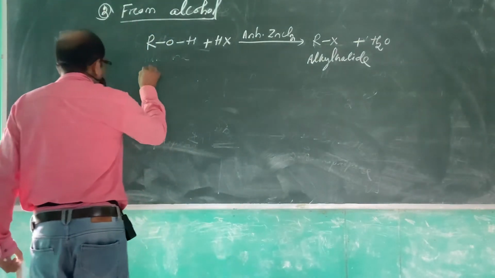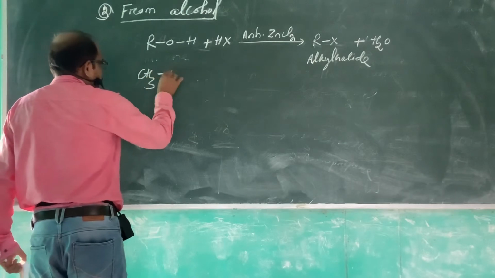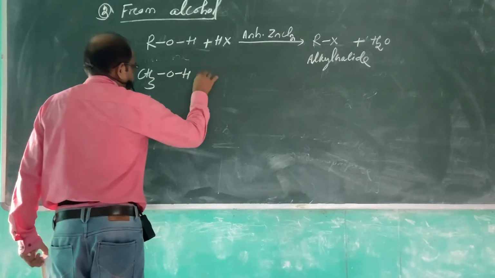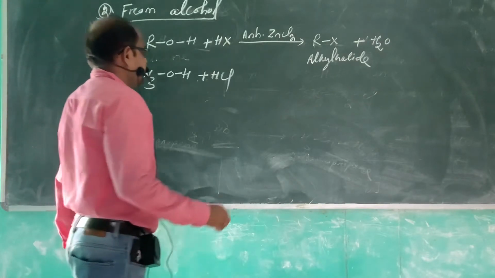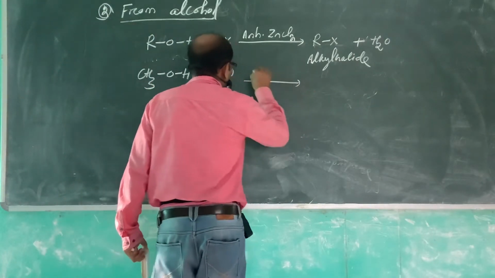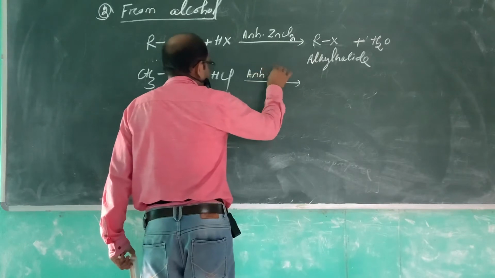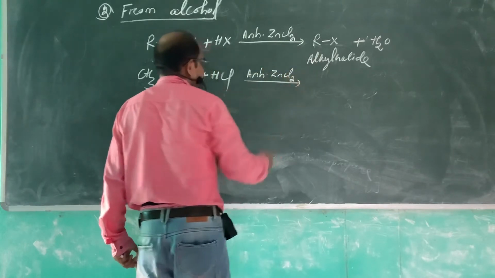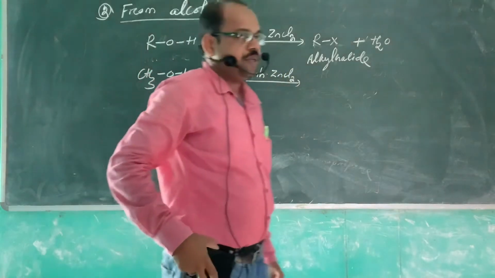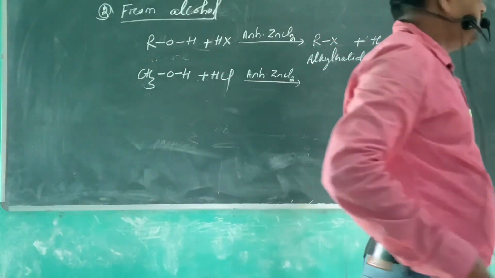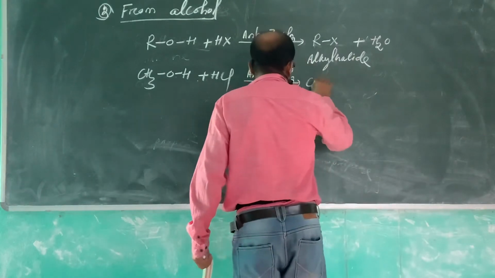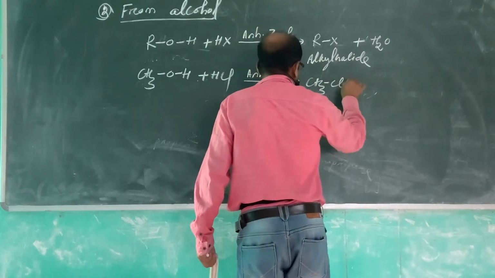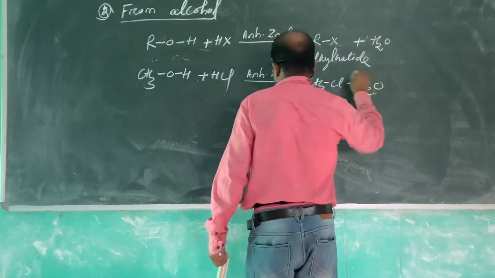Let us consider methyl alcohol. When methyl alcohol reacts with hydrochloric acid in presence of anhydrous zinc chloride to produce methyl chloride plus H2O.